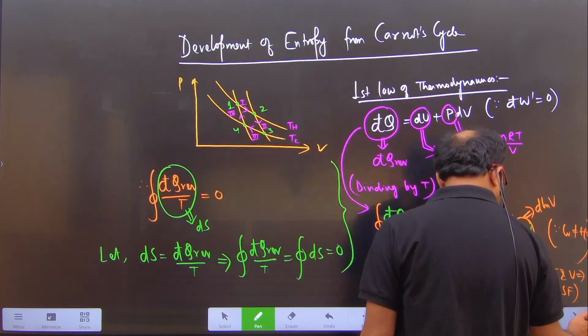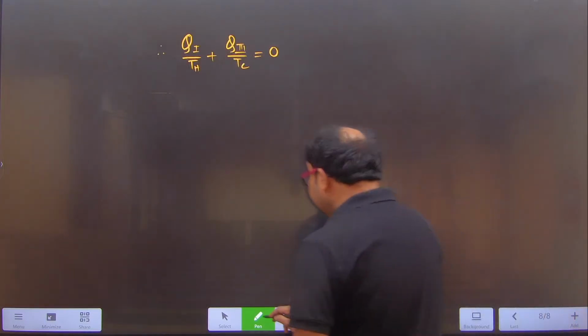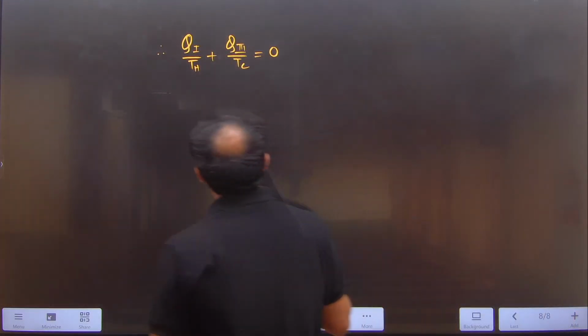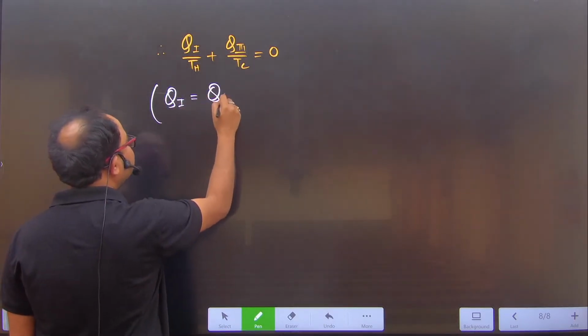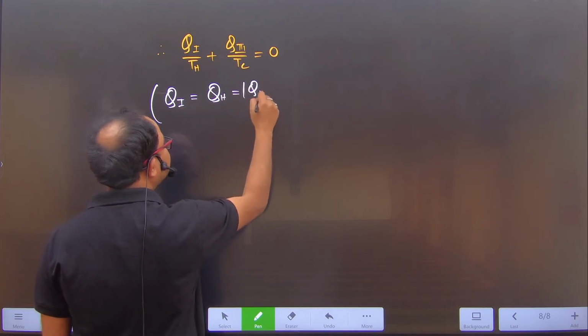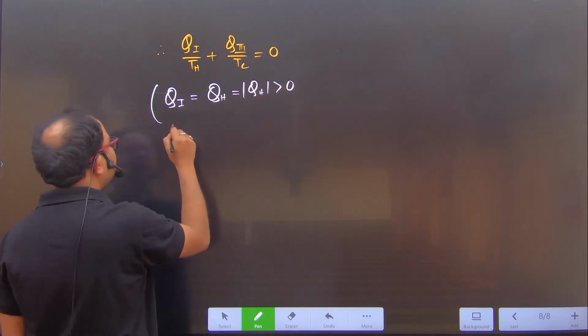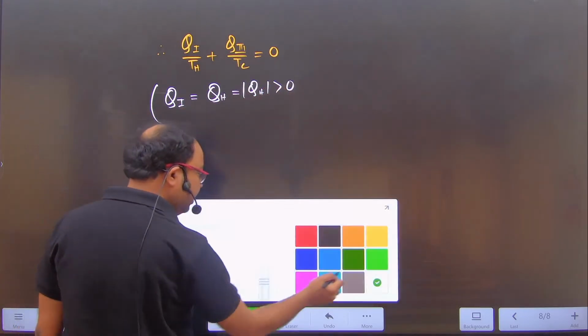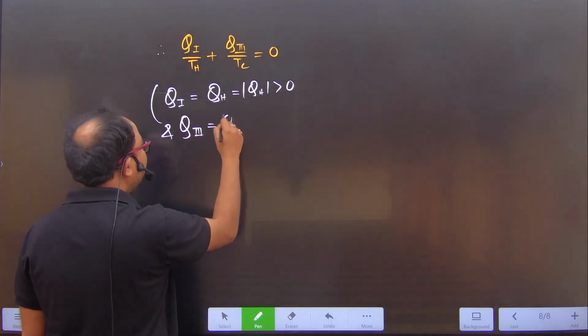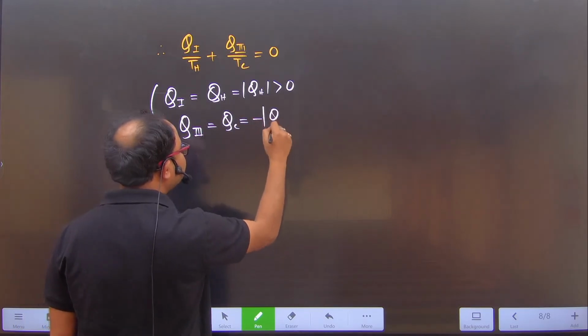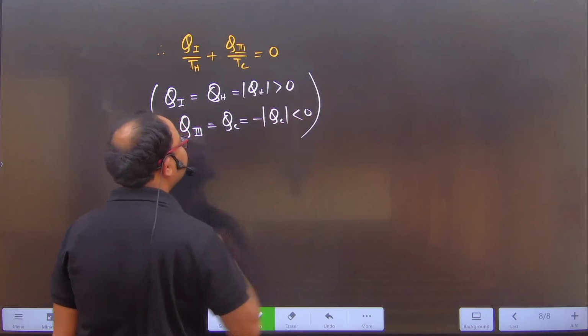So we already know that Q1 is equal to QH is equal to mod QH. This is positive. And Q3 is equal to QC is equal to minus mod QC. This is negative.